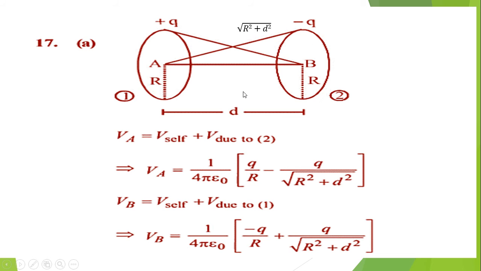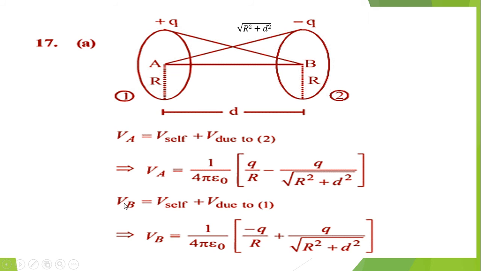So the potential of ring B at the center of ring A is 1 by 4 pi epsilon naught times minus Q by under root R square plus D square. Putting these together, V_A is equal to 1 by 4 pi epsilon naught, taking out common, Q by R minus Q by under root R square plus D square.